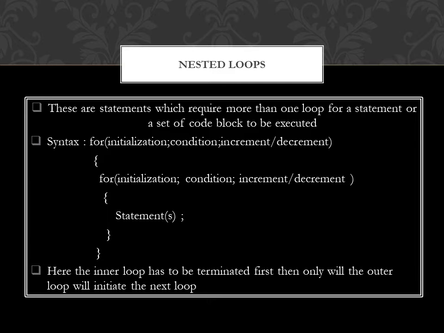In a nested if statement, there is an if statement inside another if statement, right? In the same way, in a nested loop statement, there is a loop inside another loop. In nested loop statements, the inner loop has to be terminated first, and only then will the outer loop initiate the next iteration. That is, say instead of this looping statement, there's a statement from 1 to n.